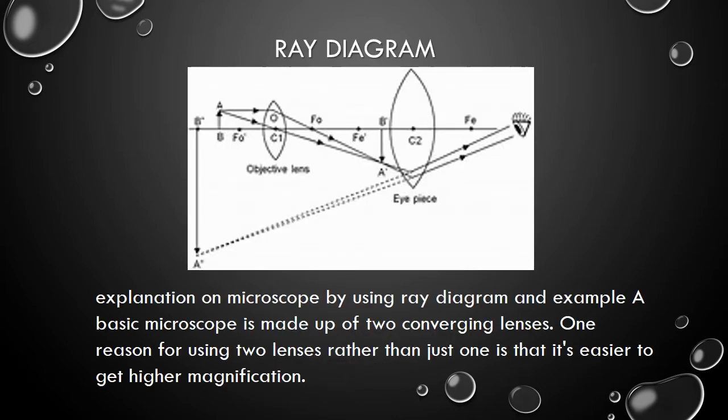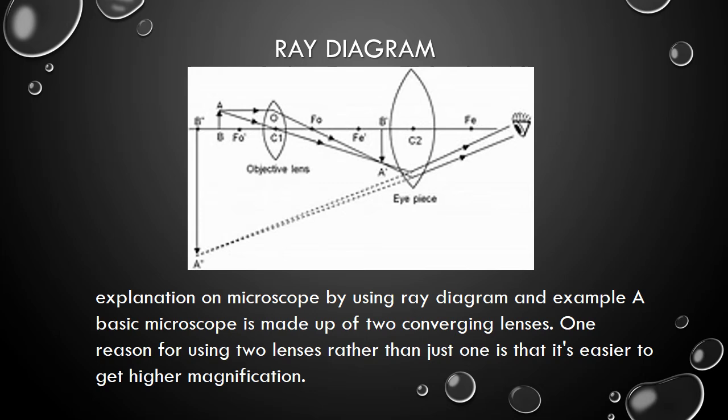Here is a ray diagram showing how an object is placed. In this diagram, AB is an object placed close to the lens called the objective lens.